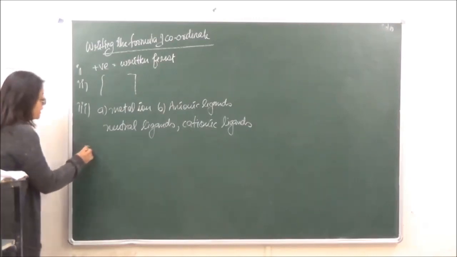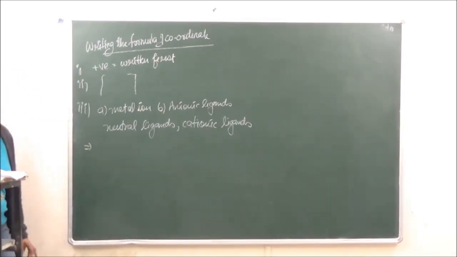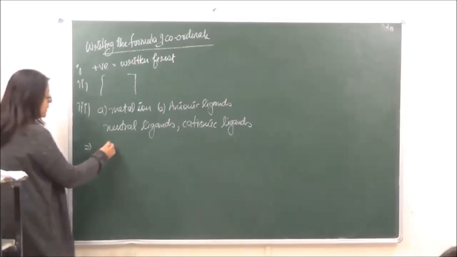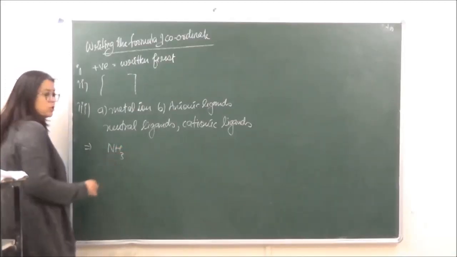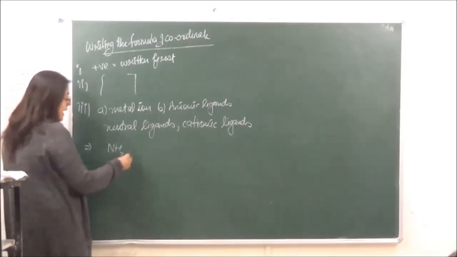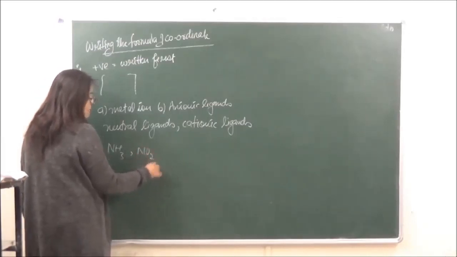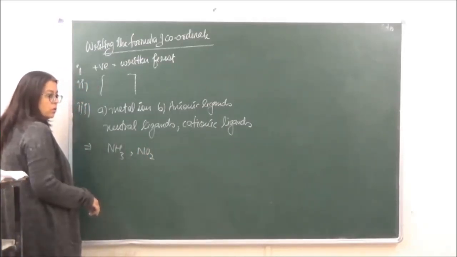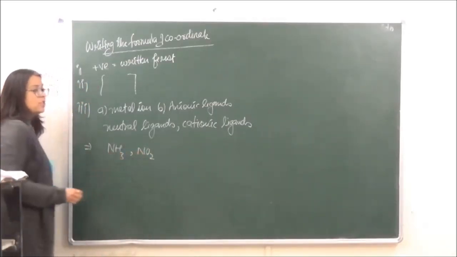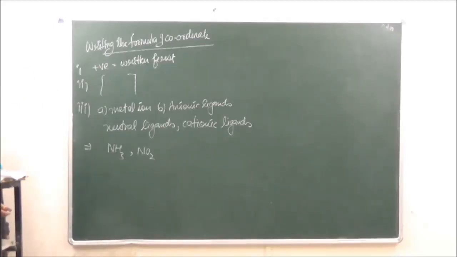Okay? Now, if in case there are a number of ligands of the same type present, then how are you going to name them? Like for example, we have NH3, right? And we have NO2. Okay, so in this case, you need to place them alphabetically.